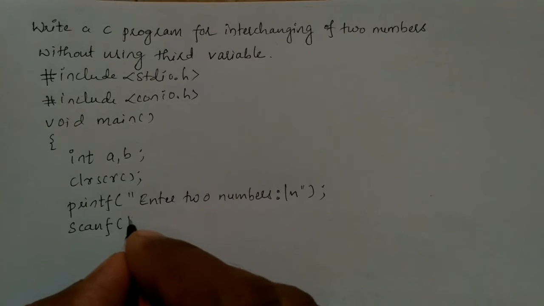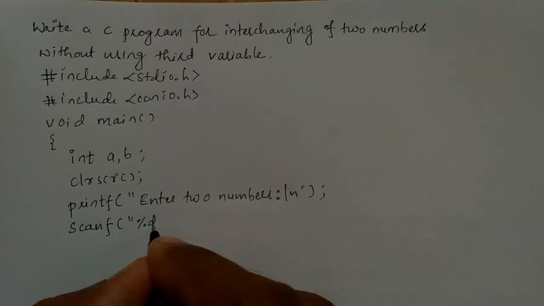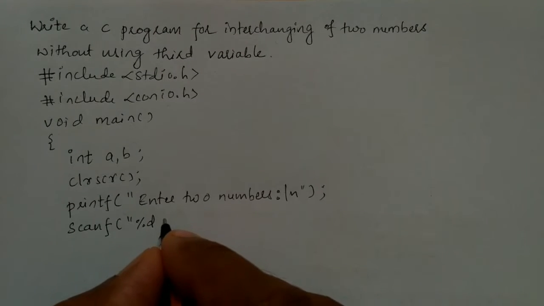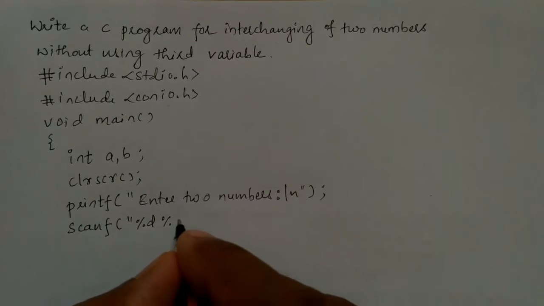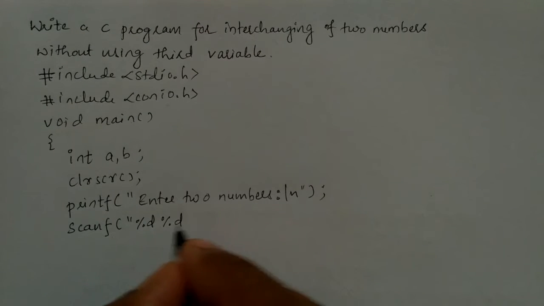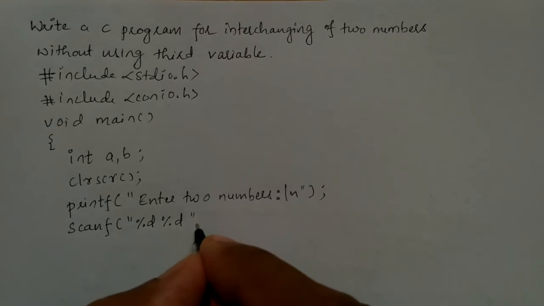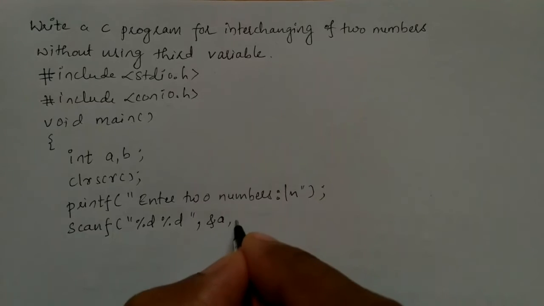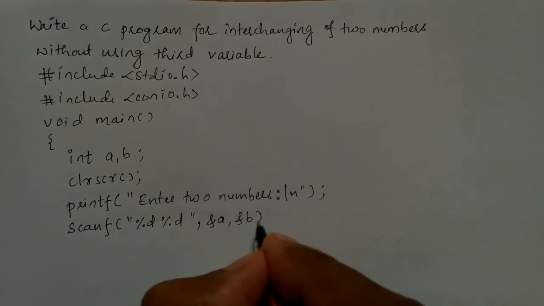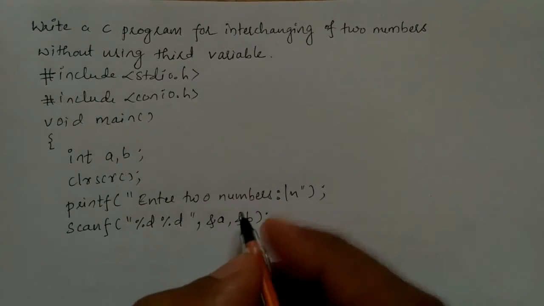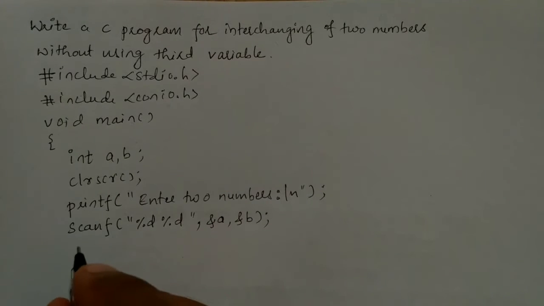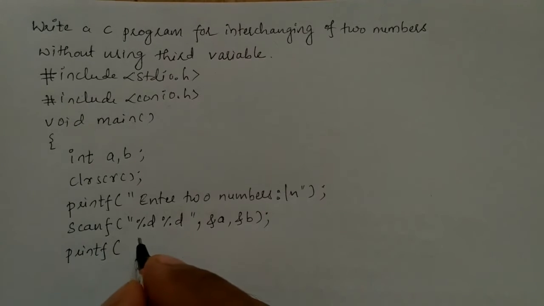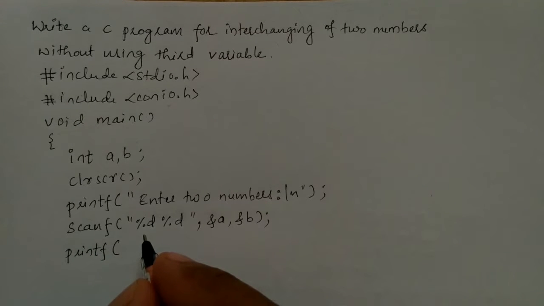So here we are going to write the format specifier %d represent int type of data. So we have to receive two numbers, so that's the reason we are going to write %d and %d, end the double quotation mark, put comma, address of a, that is ampersand of a, comma, ampersand of b, and closing brace, put semicolon.